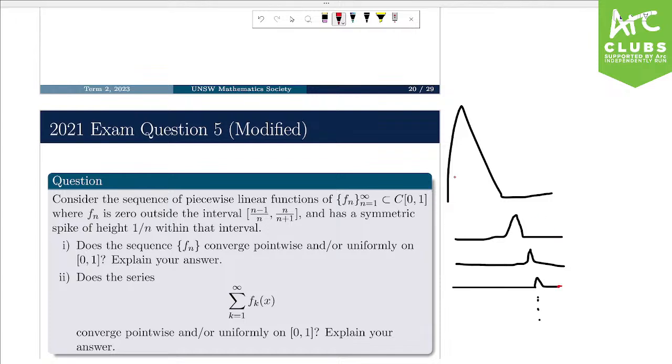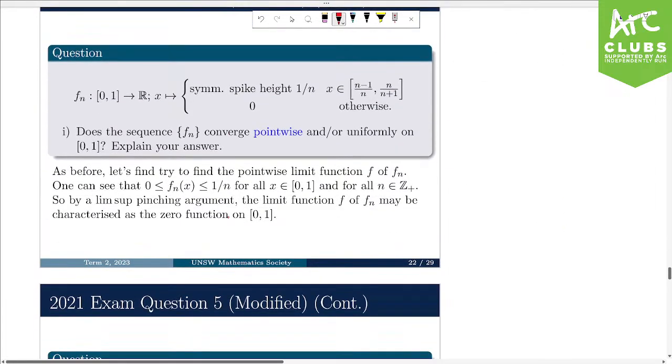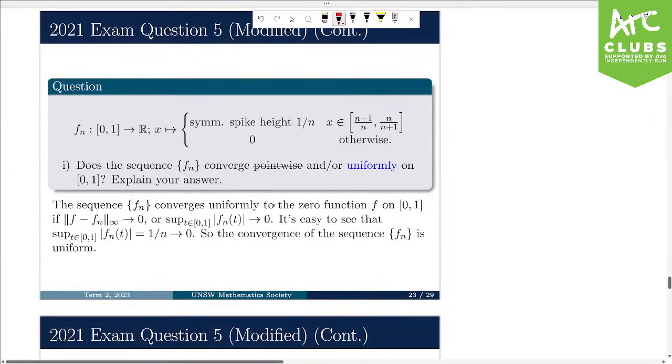The supremum of the difference between each of these and 0 is the height of the spike, 1 on n. And as we increase n, that goes to 0. So we can conclude that this sequence converges uniformly to 0.